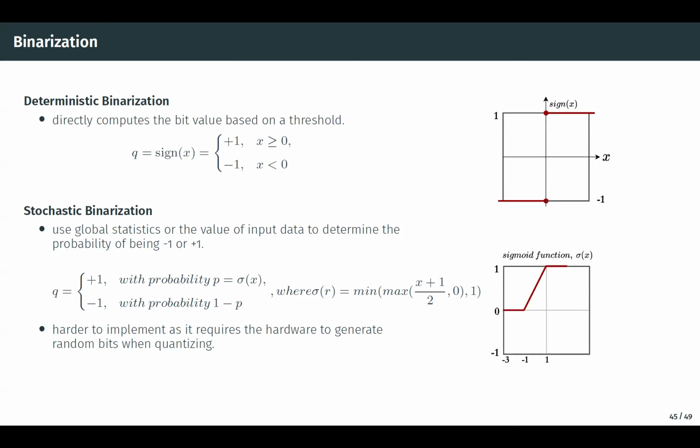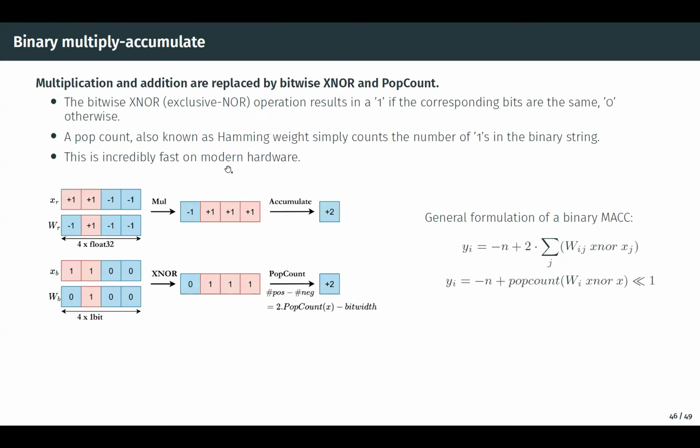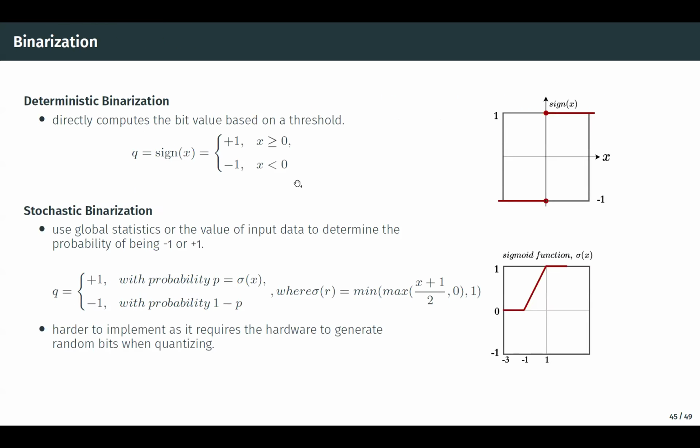How binarization works is that if a value is greater than 0, we use positive 1, and less than 0, we use negative 1. You can also have other ways of determining this, using stochastic binarization, which uses the sigmoid function to determine whether we have 1 or negative 1.